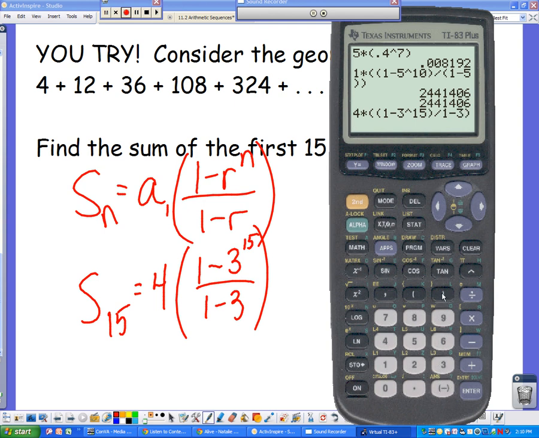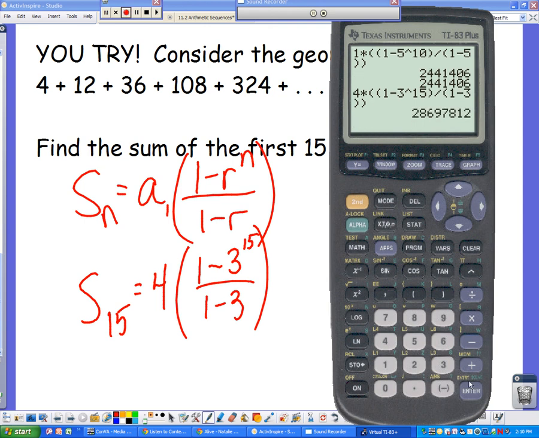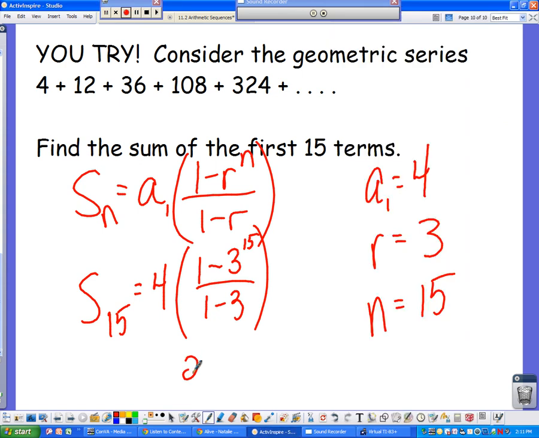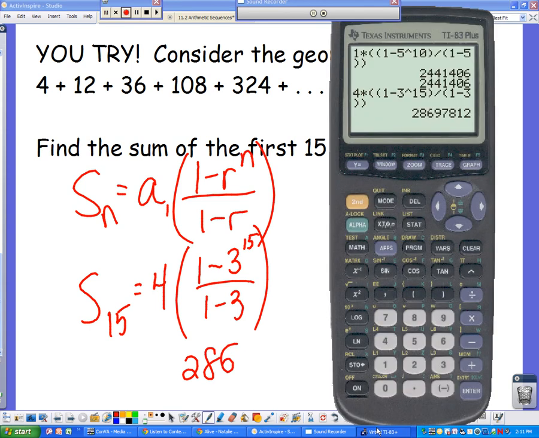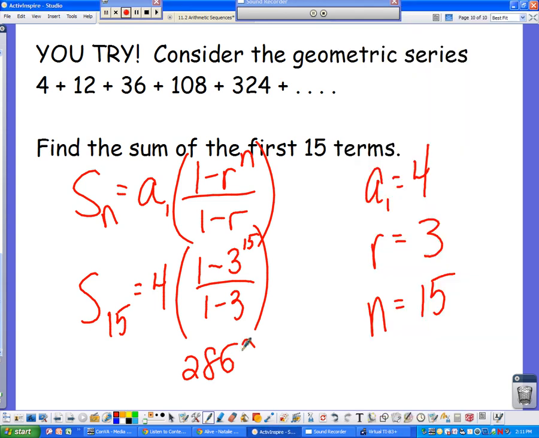Oops, I forgot I set a parenthesis. And finish it off, and we find out that our answer is 28,697,812.